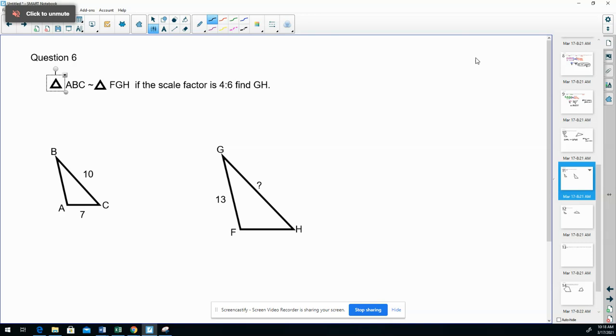All right, we have triangle ABC is similar to the triangle FGH. If the scale factor is 4 to 6, find GH. Okay, so here's our scale factor, 4 to 6. And we're going to mark up the triangle to figure out what other sides we're going to use here. So we have AB is the same as FG. AC is the same as FH. And then the last two sides match up.